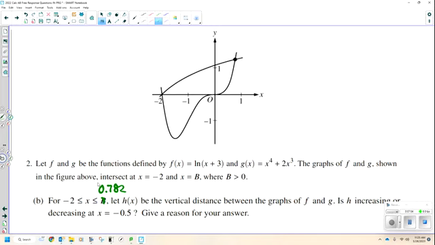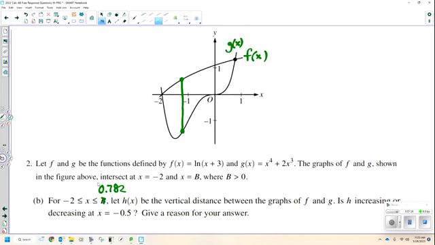Okay, so let's take a look. The vertical distance between f and g. All right, so f of x is the top curve. g of x is that bottom curve. All right. And then it says, is h increasing or decreasing when x is -0.5? Give a reason for your answer.